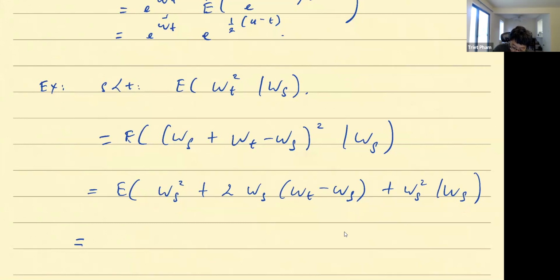So this is Ws squared. Plus, this is the expectation of Wt minus Ws squared. Plus, this is known, so it comes out.